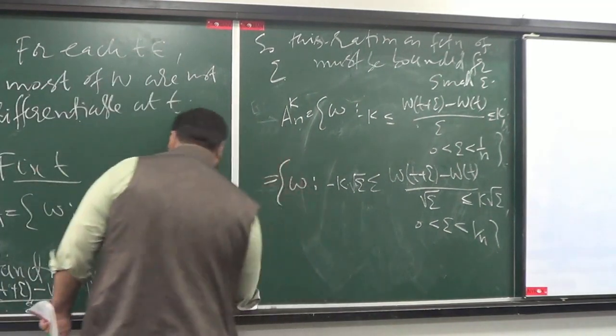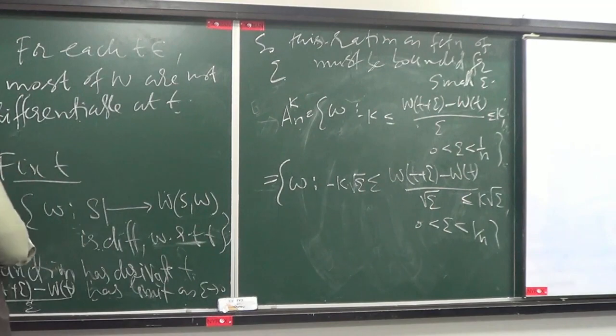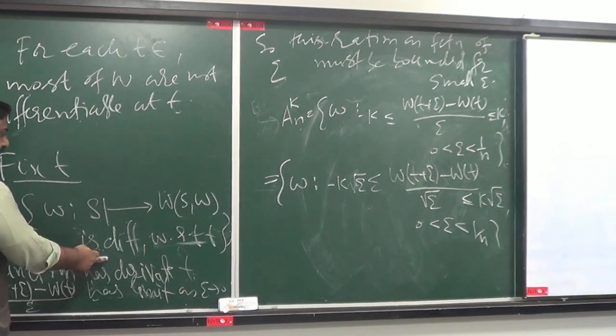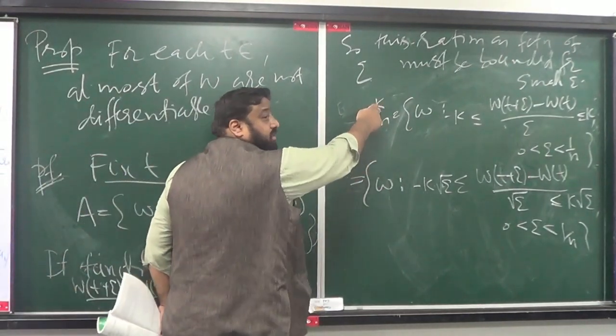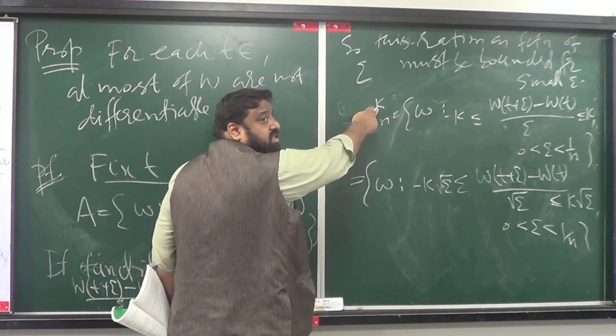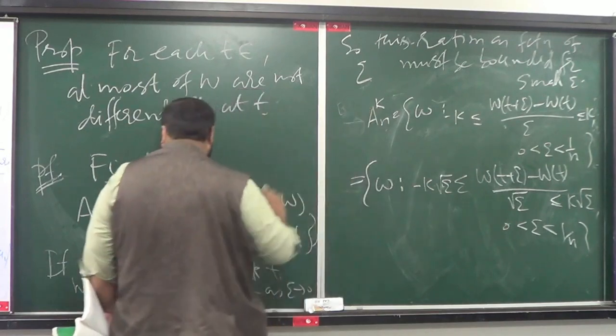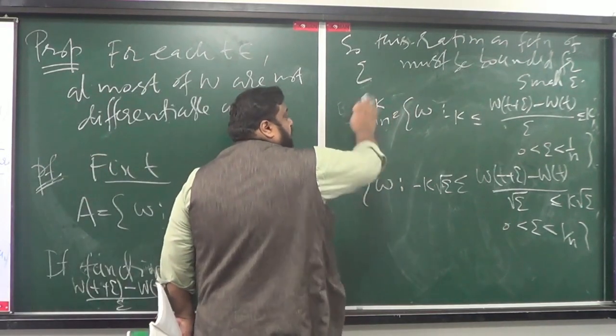My claim is that for every such omega that satisfies this, you can find an n and k such that this omega is in one of the sets.